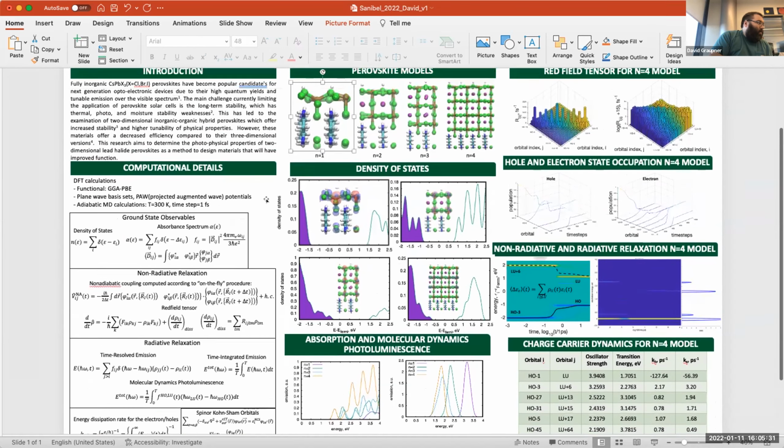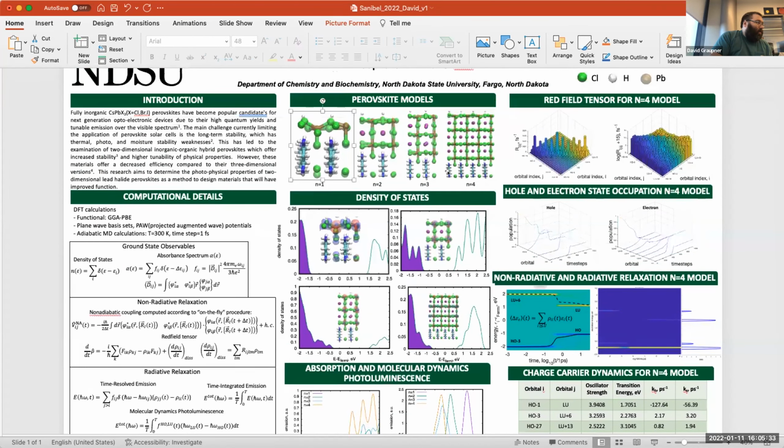Right now I have my models up top here. I have density of states, which I'll probably need to reduce and maybe remake, because I'm probably not going to be able to fit 4 pictures for density of states.